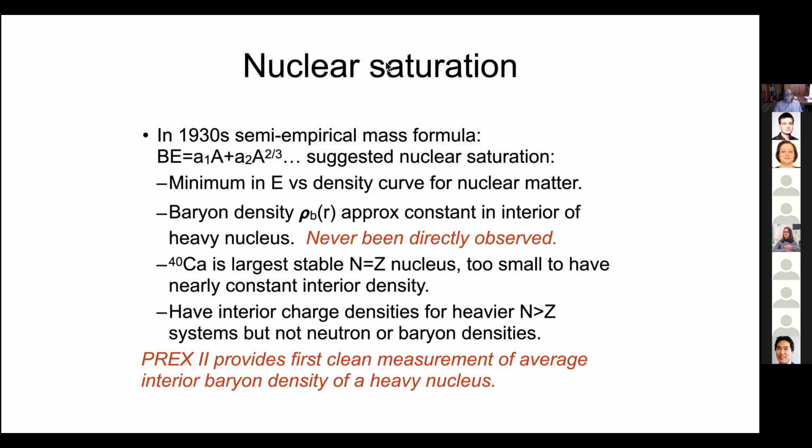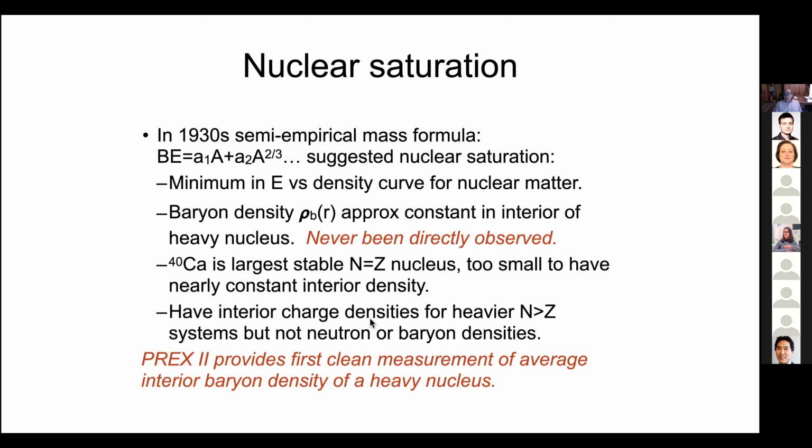Despite nuclear saturation being such a fundamental concept to nuclear physics, the baryon density in the interior of a heavy nucleus has never been directly and cleanly observed. For example, calcium-40 is the largest stable N equals Z nucleus, but this is too small to have a nearly constant interior density.